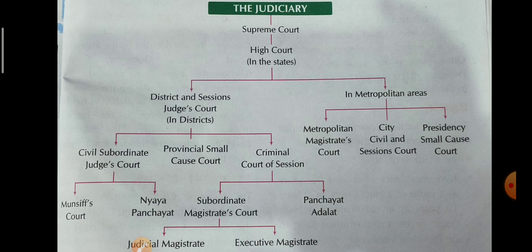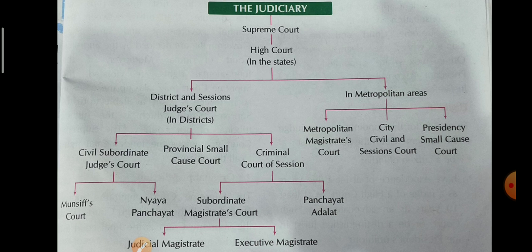First, look at this picture. This is a flow chart. Supreme Court as the highest authority. After this, high courts in the states, and high courts are further divided into district and session judge courts in districts, and in metropolitan areas there are three levels: metropolitan magistrates court, city civil and session courts, and presidency small cause court.